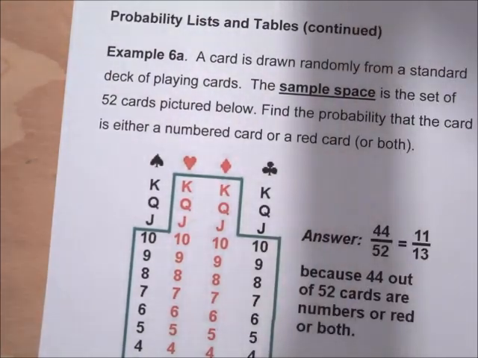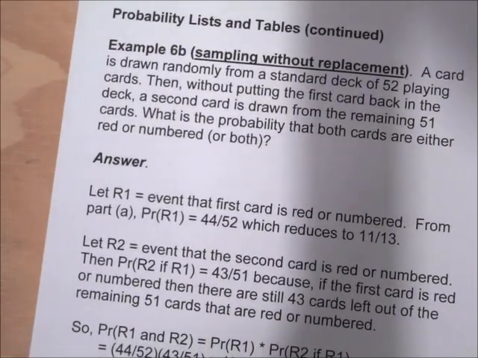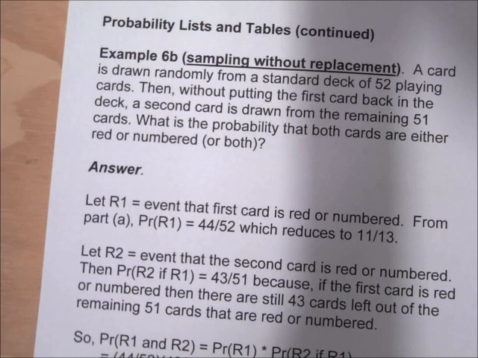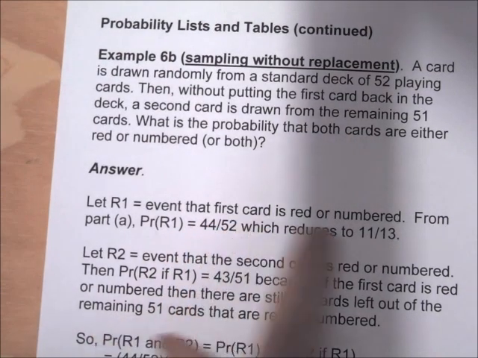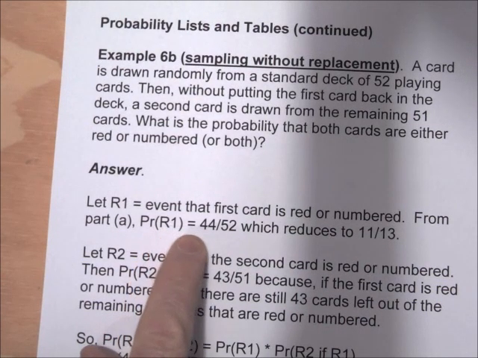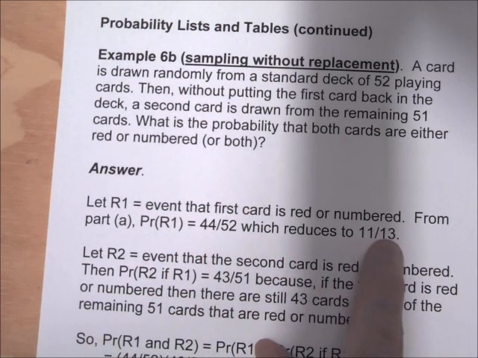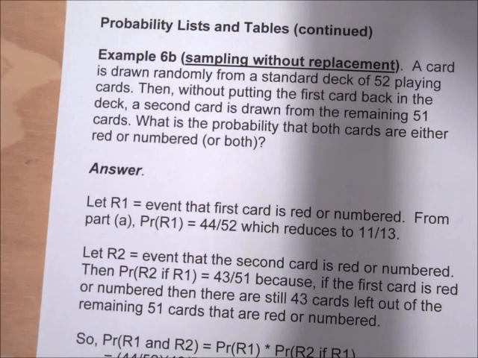Okay, so let's go into a sample of two cards. We're going to let R1 be the event that the first card is red or numbered. From part A, the probability of R1 is 44 out of 52, which reduces to 11 out of 13. R2 is the event that the second card is red or numbered.